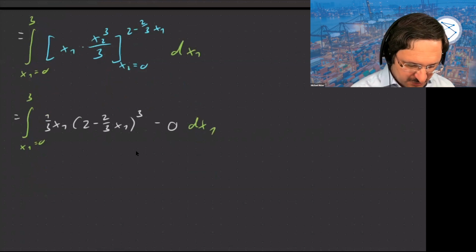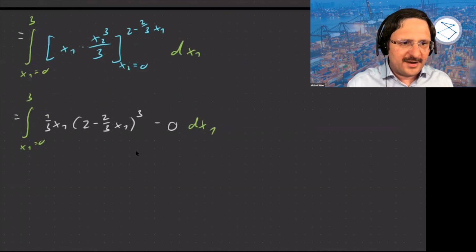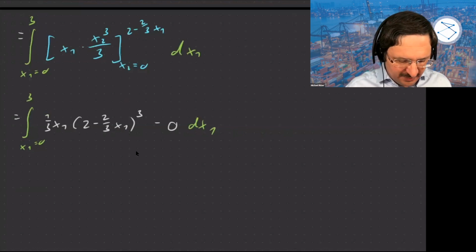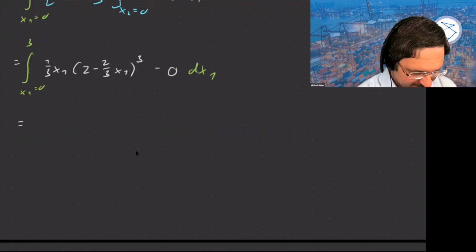Okay, so we just need to do the computations here. Before we evaluate the actual integral, let's try to simplify this a little, possibly. So that's the integral from 0 to 3.